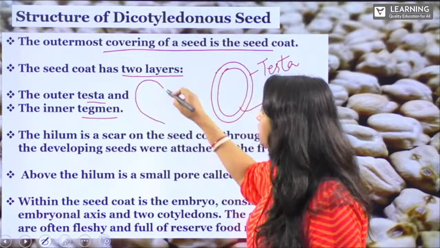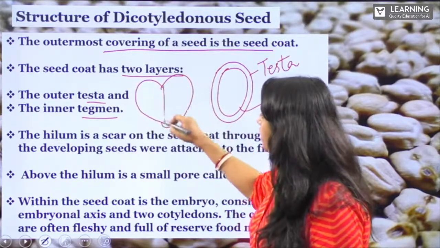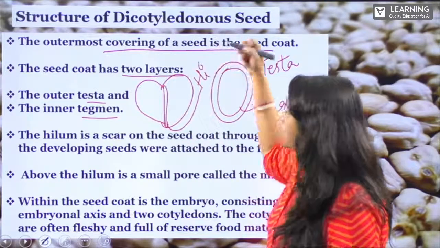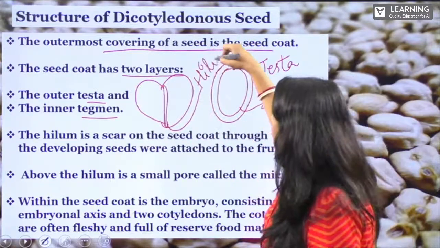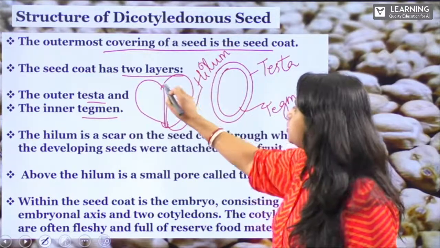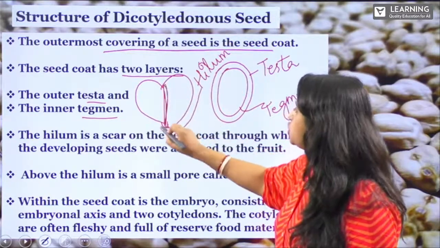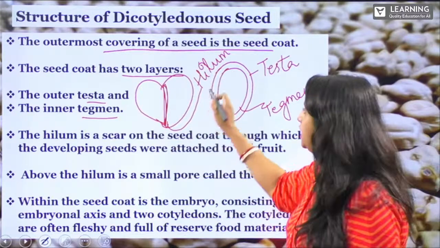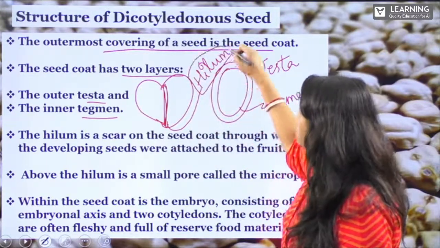And it has got a structure that divides the two cotyledons. We call it hilum. As you can see here, this portion which divides the two cotyledons, we call it hilum.